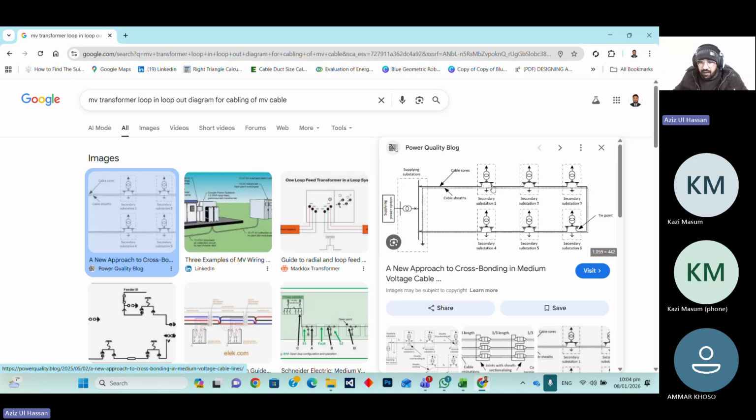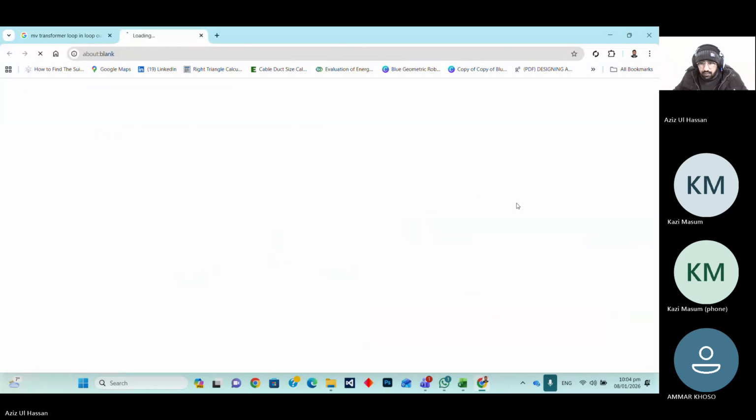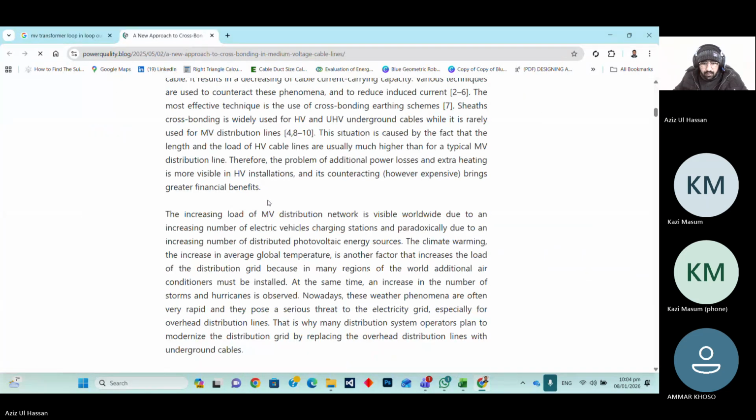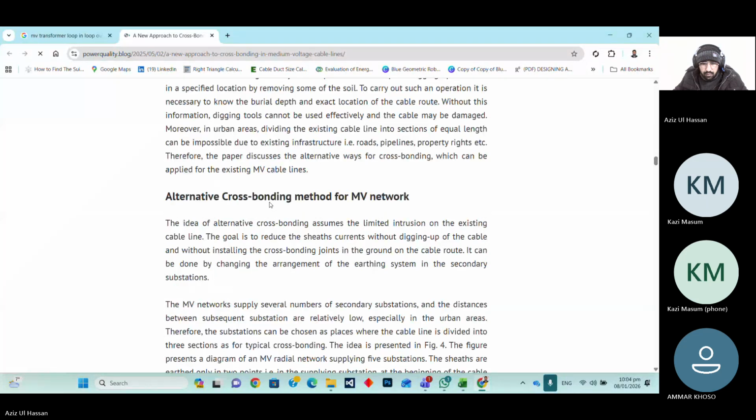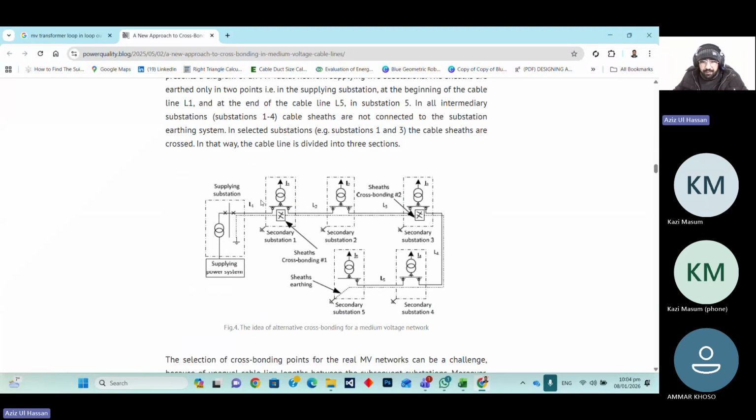If I show you, we have this transformer loop in, loop out. The transformer's maximum output current is 125.